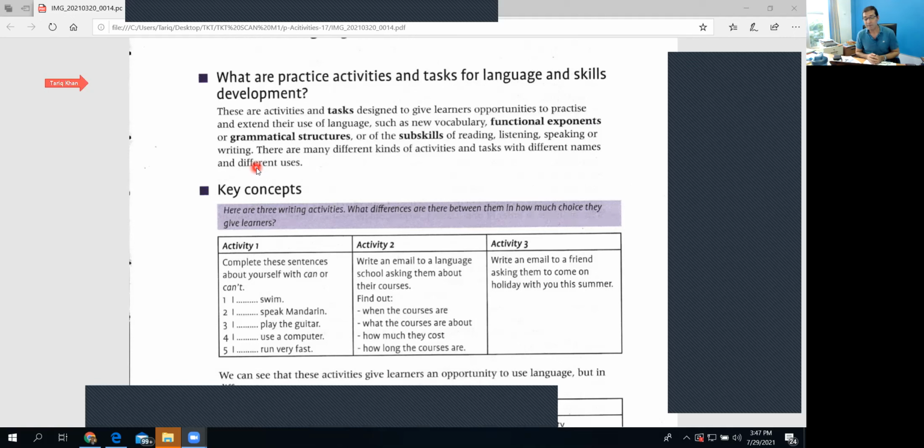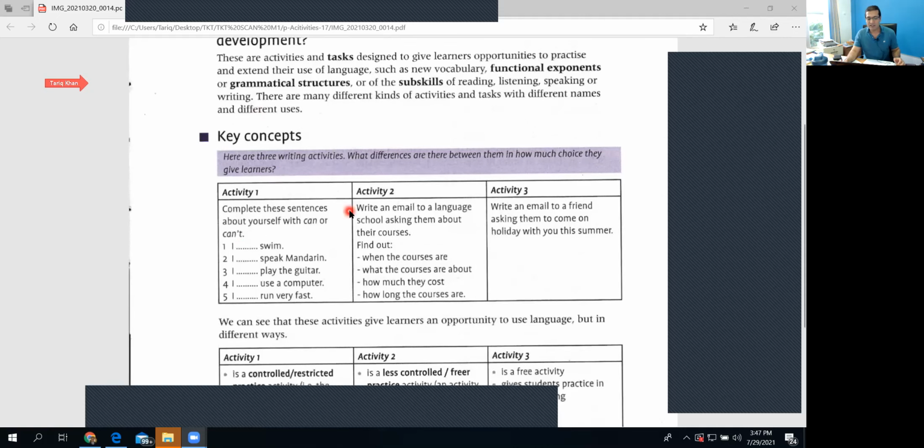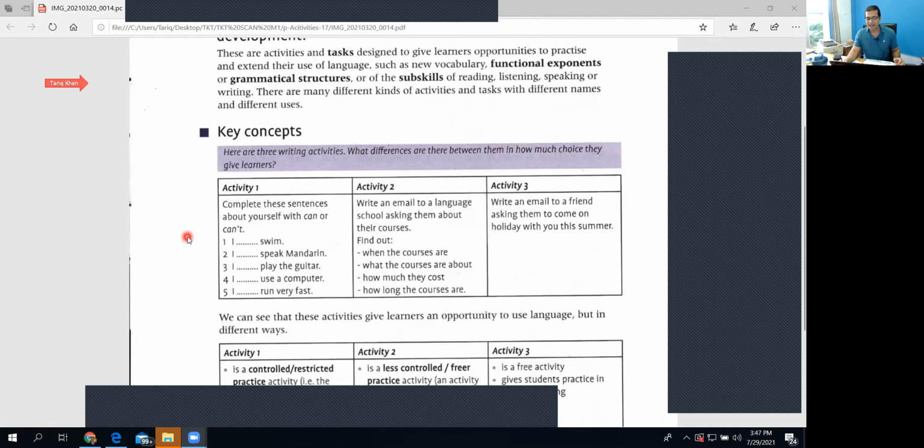Most of the time we were talking about restricted activities, restricted conditions, controlled practice activities, or controlled conditions. That's what we are going to discuss: what are the differences in those activities? This unit is especially focusing on the activities.